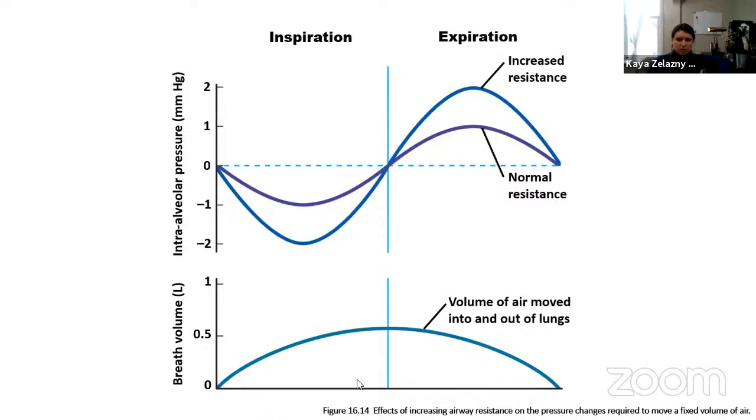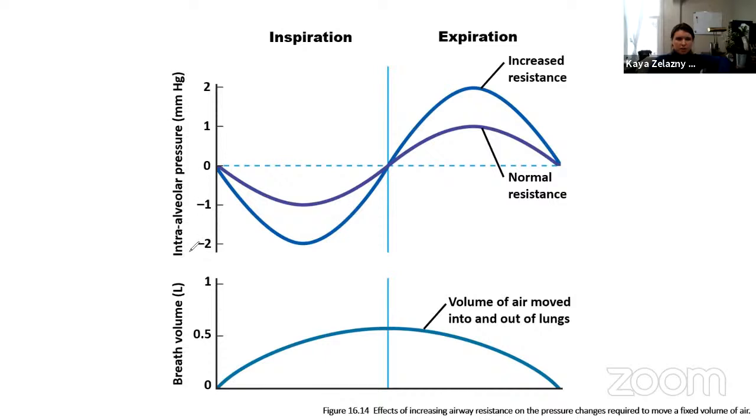So here, on the bottom, we're looking at the breath volume, the volume of air moved into and out of the lungs. It increases during inspiration and decreases in expiration because the air is moving in and out. On the top image, we're looking at two curves.